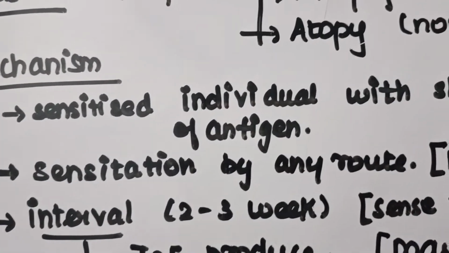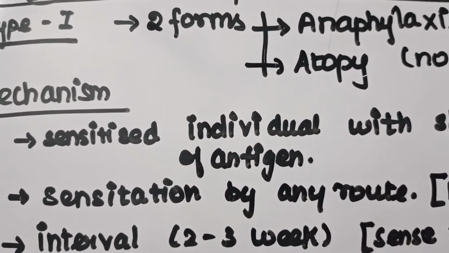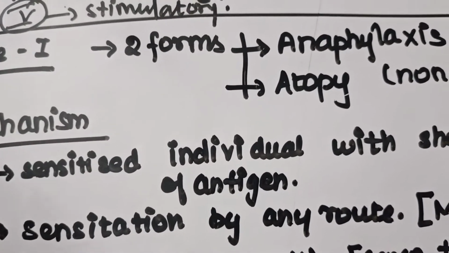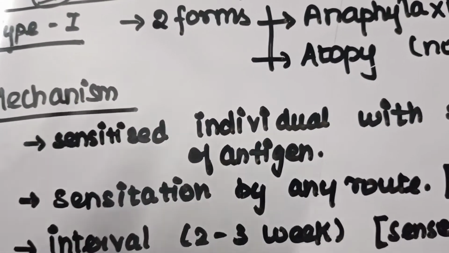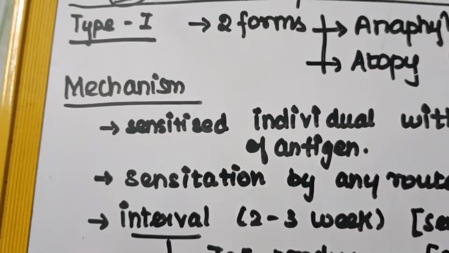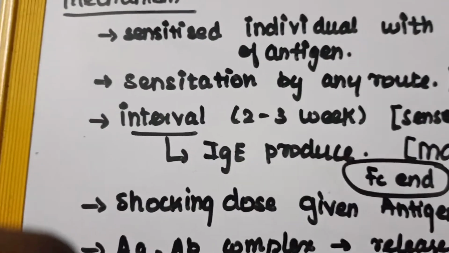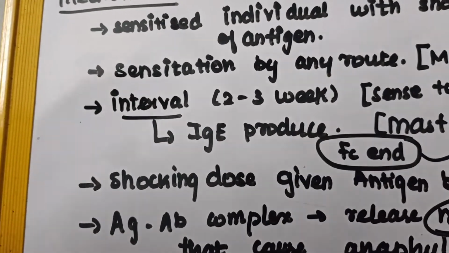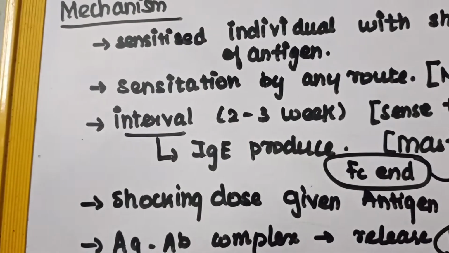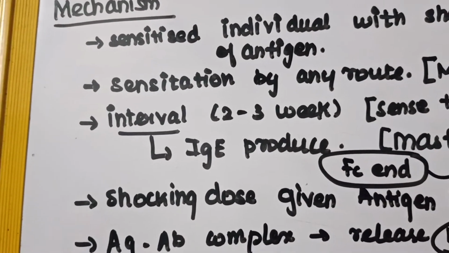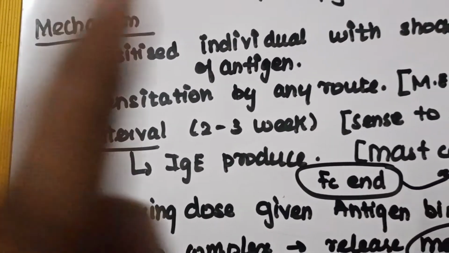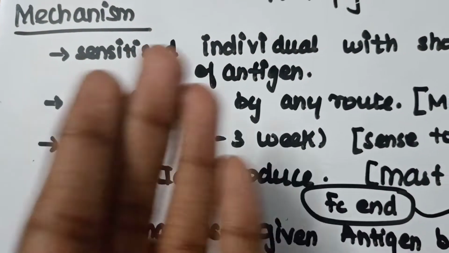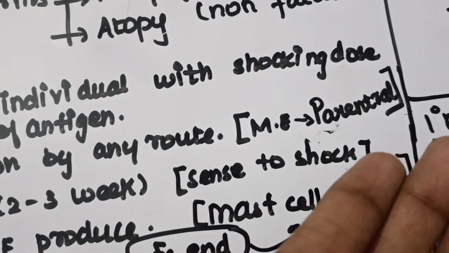Let's move to the mechanism. When a sensitized individual is given a shocking dose of an antigen, anaphylaxis occurs. You may not understand this now, but let me explain. Sensitization, as I already said, means the first time an individual is encountering an antigen. Sensitization can occur through any route, but the most effective is your parenteral route.